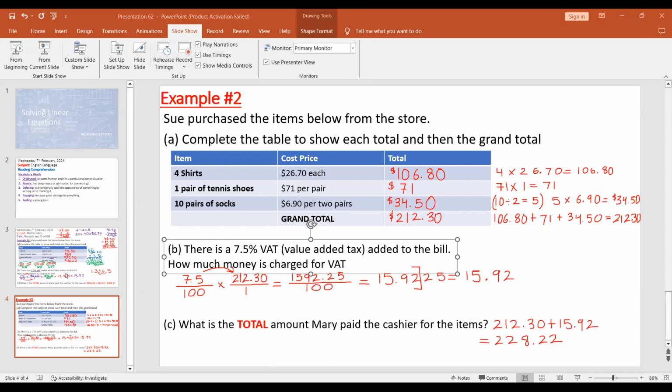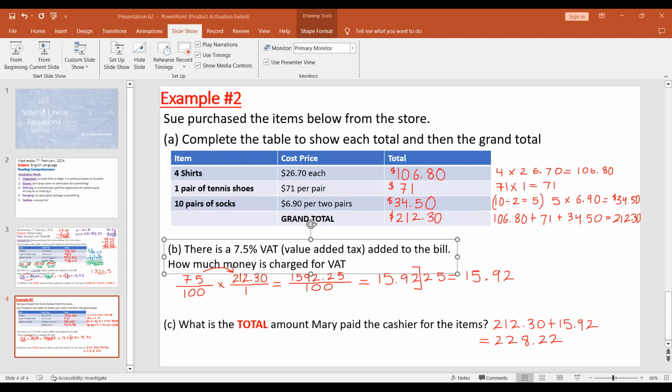Thank you. I need Tiana. Tiana, can you explain how we got the answers, starting from the beginning as well? Okay. For number 1, it says 4 shirts cost $26.70 each. What we did was multiply 4 times $26.70, which equals $106.80.